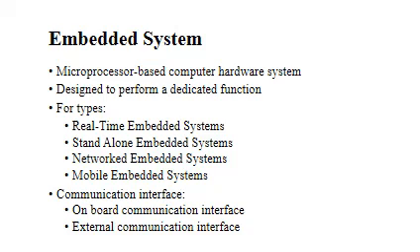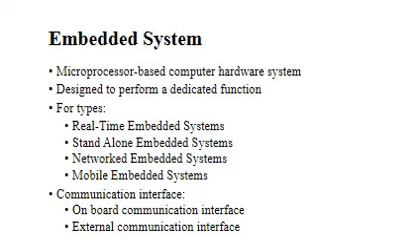So what is an onboard communication interface? The communication channel which interconnects the various components within an embedded product is referred to as the device or board level communication interface, or onboard communication interface. Examples are serial interfaces like I2C, SPI, and parallel bus interface.